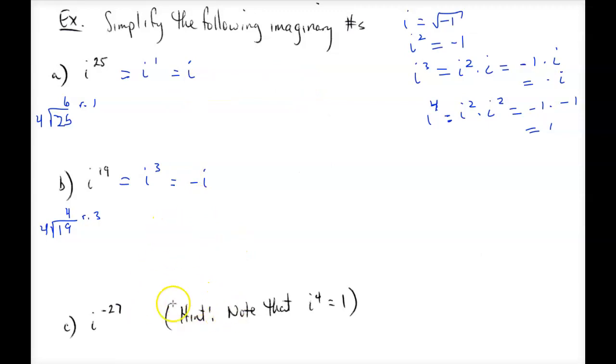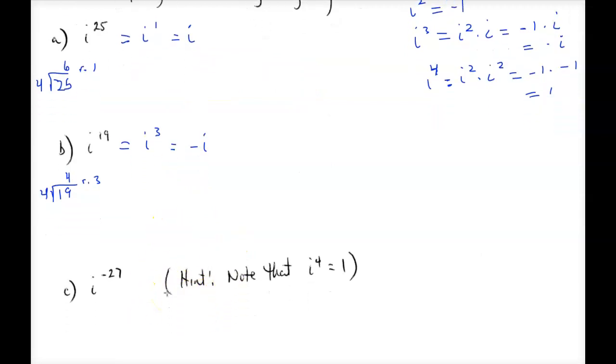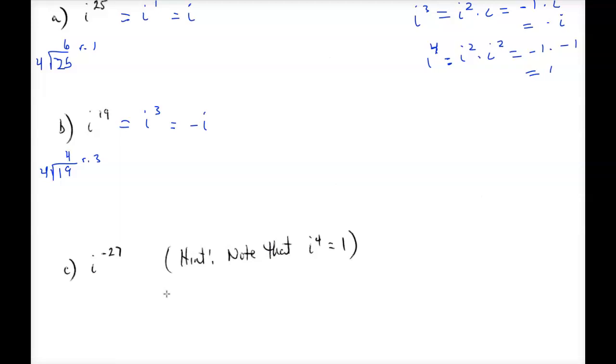Now for this next example, notice that this is i raised to the negative 27. Anytime we have something raised to a negative exponent, we know we can rewrite that as 1 over the same thing raised to the positive exponent.